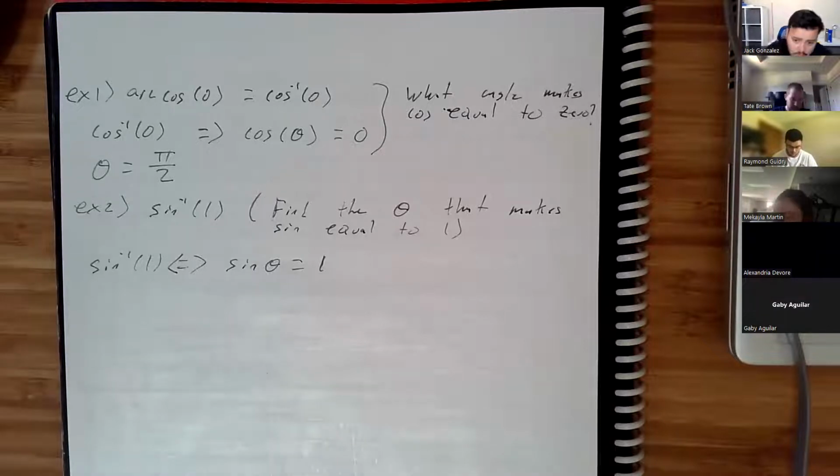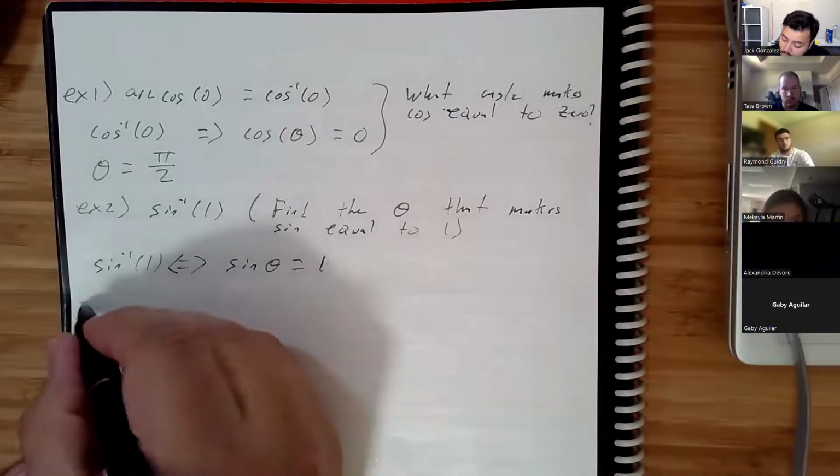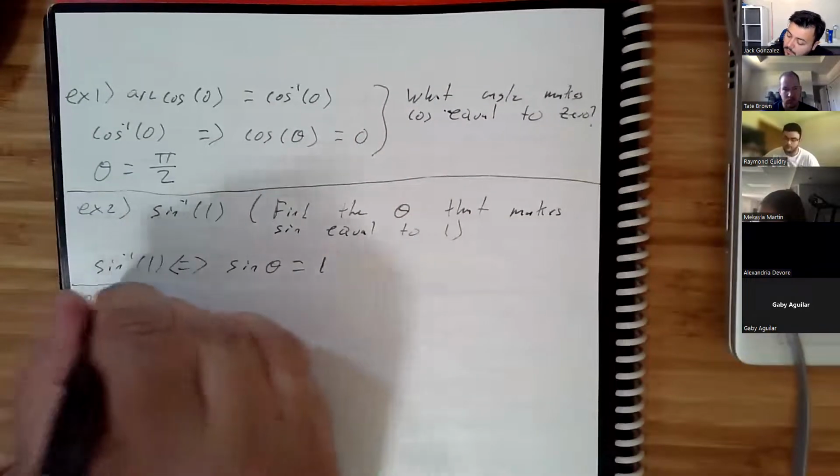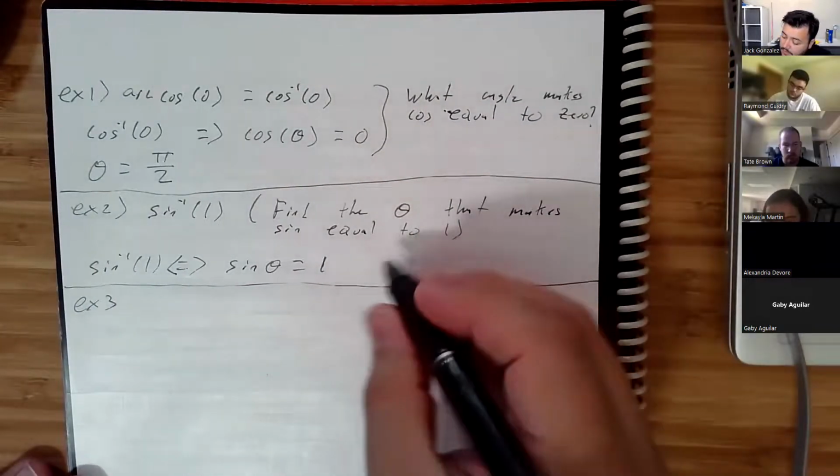Okay. Anyway, any questions on what inverses are and how they work, and how to find angles? Oh, let's move on then. Now we can use the inverse function to help us solve for angles. That's the only reason we bring this up. I forgot to answer the question here.